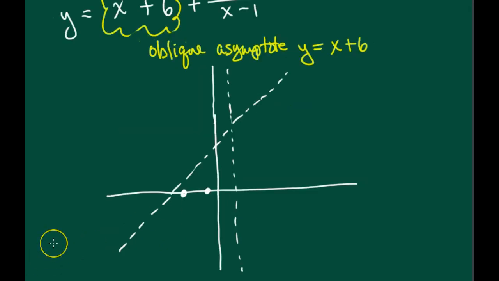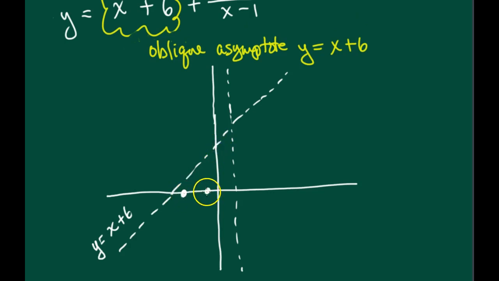Here, with a bit of revision, I have this oblique asymptote at y equals x plus 6. The x-intercept of this asymptote is at x equals negative 6, and the y-intercept is at positive 6.